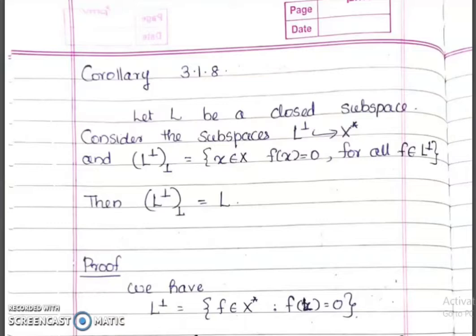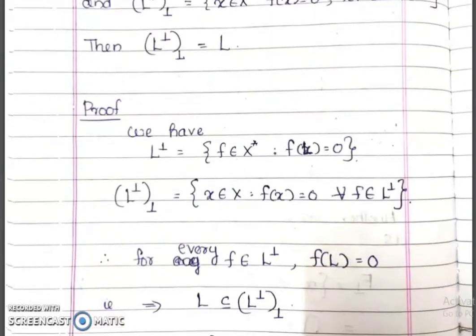To prove this we are going to show that L is a subset of L perp, and also if x not belongs to L, then x not belongs to L perp.